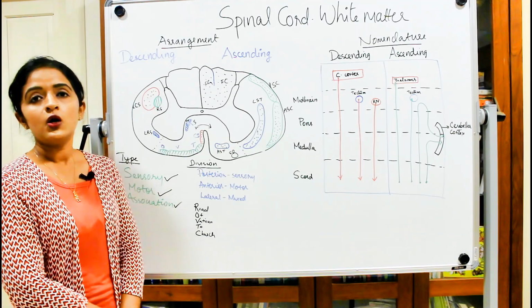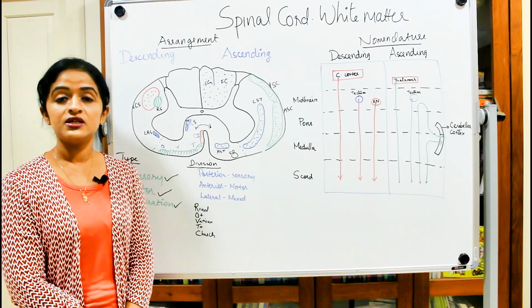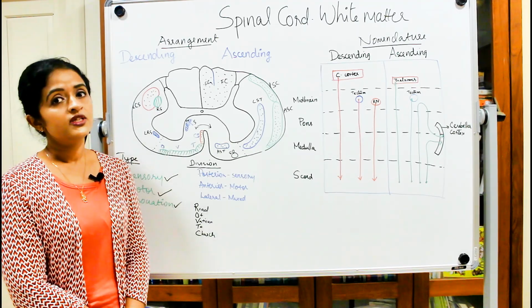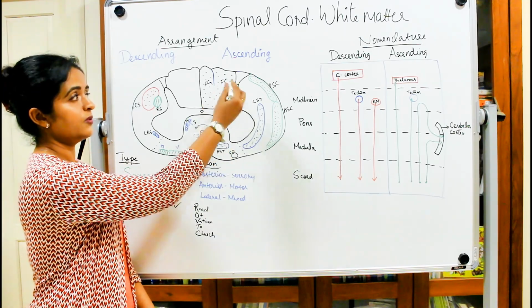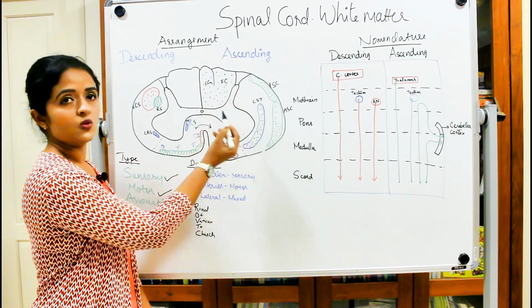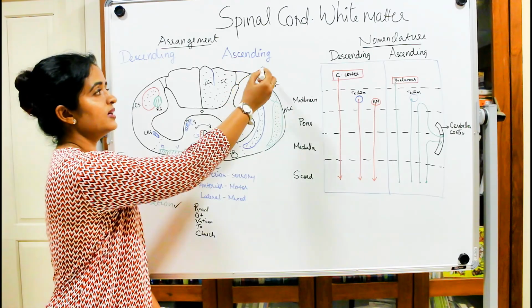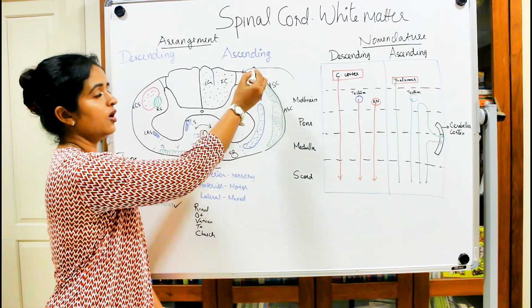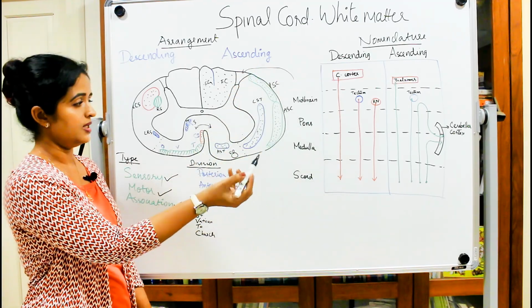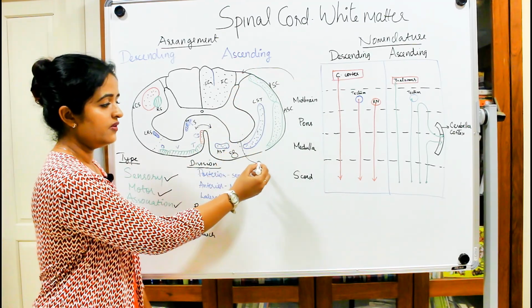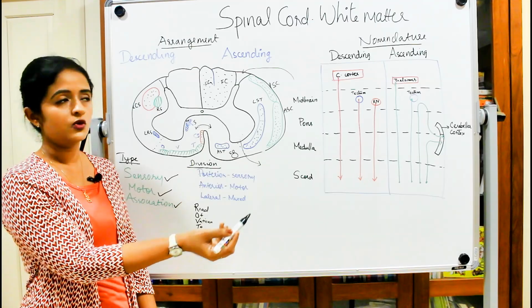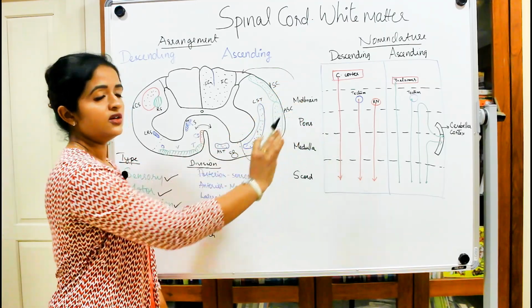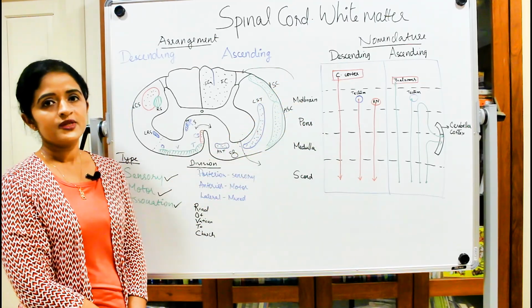So once again, how the sensory nerve fibers enter into the spinal cord. We know that if you just consider the spinal cord, this is the dorsal horn and this is the ventral horn, right? So the fibers will be actually entering into the dorsal horn, and that you call it as sensory, and the fibers will be leaving from the ventral horn, that you call it as motor, and these two will together form the spinal nerve, isn't it?